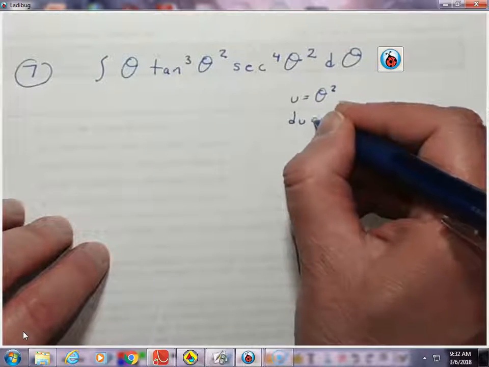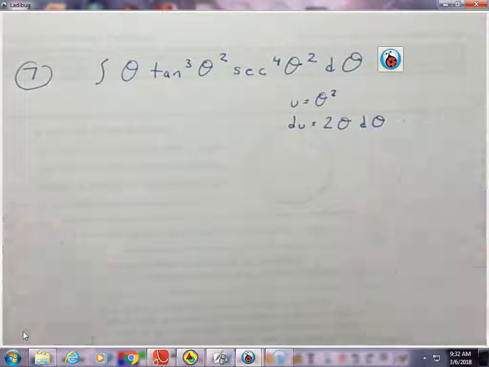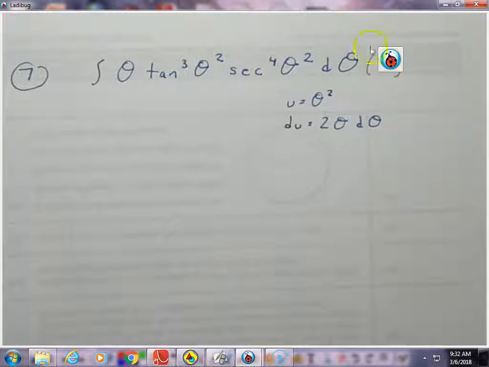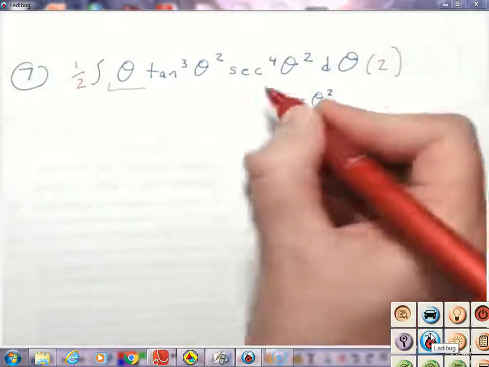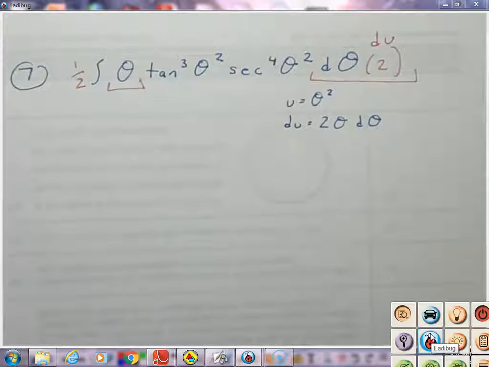What would du be? Do I have 2 theta d theta? All right, so I need a 2 and a 1/2. My ladybug's covering my 2. Okay, so this stuff right here is my du.